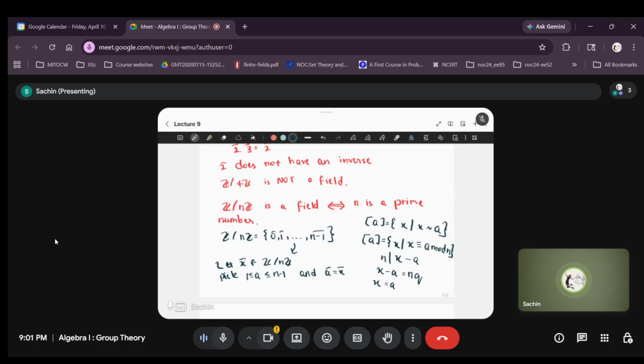So simply X is equal to A plus NQ for some integer Q, right? This is the set of all X such that X is equal to A plus NQ.